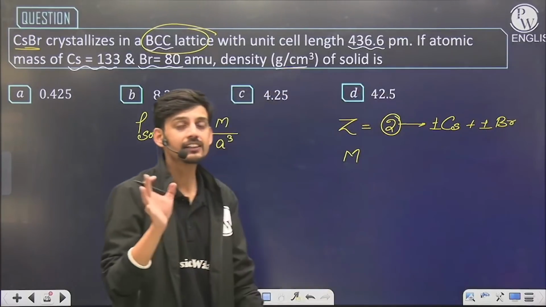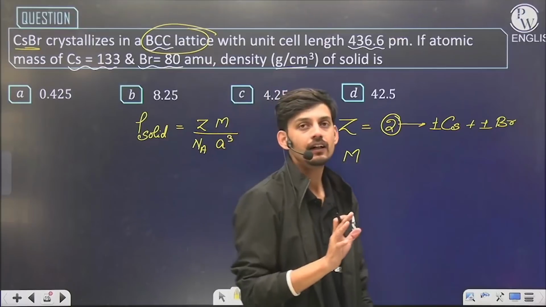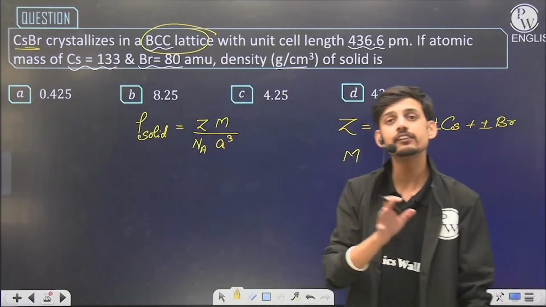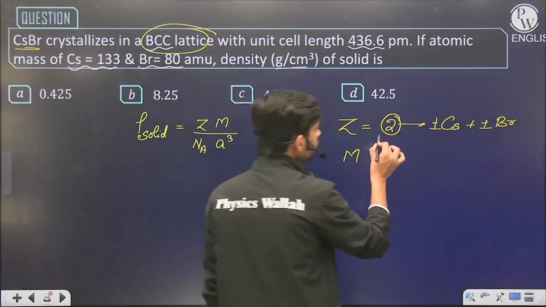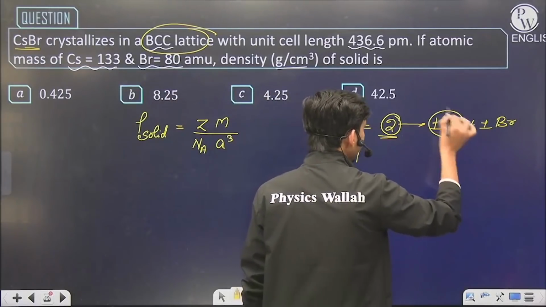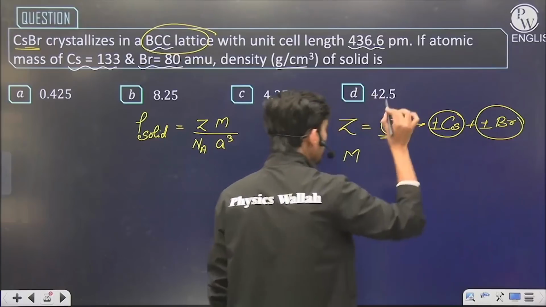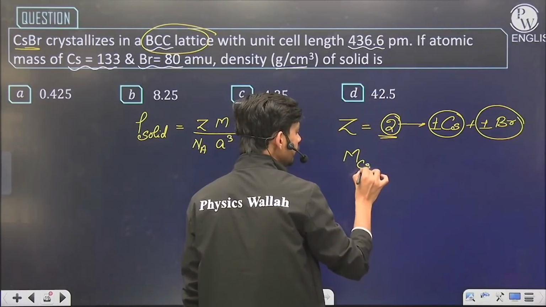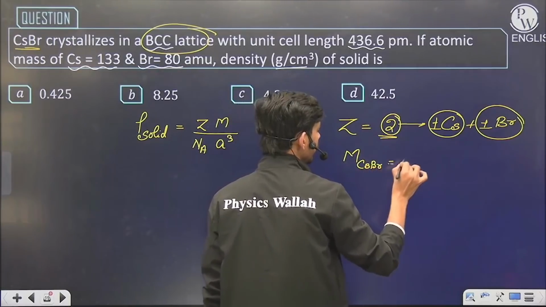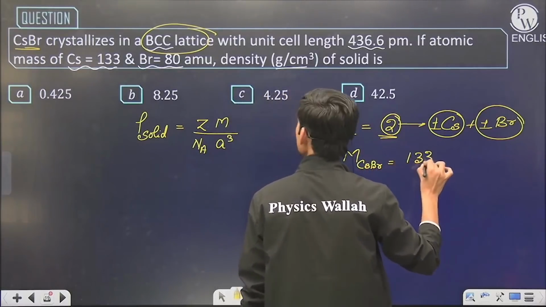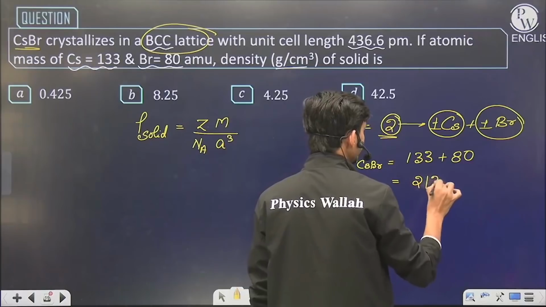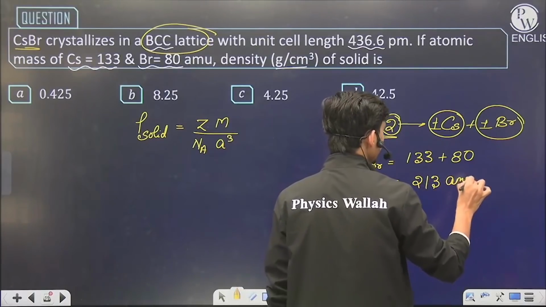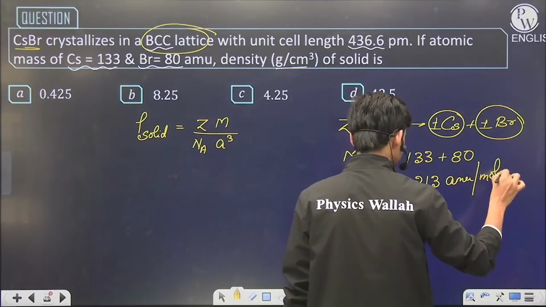So the rank is not taken here as 2 completely, although the rank is 1 for cesium and 1 for bromine. The combined rank is 2, but the independent rank is 1 for cesium and 1 for bromine. And we are taking the mass of cesium and bromine combined. The cesium has 133 and the bromine has 80. So the total mass is 213 AMU, that is per molecule.